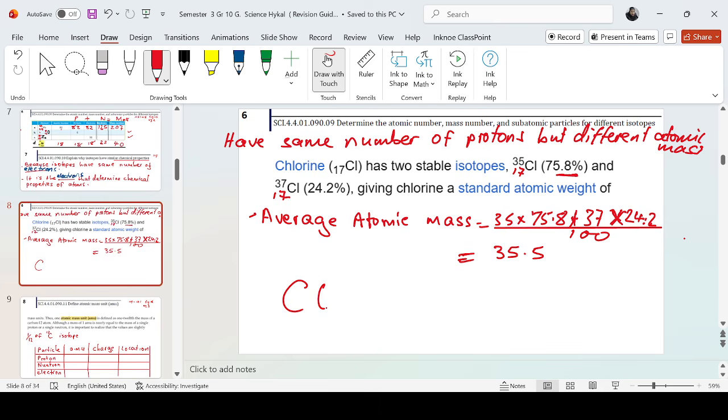So if I have chlorine 37 and chlorine 35, and 17 is the atomic number, how many neutrons here? I have to subtract 37 minus 17.